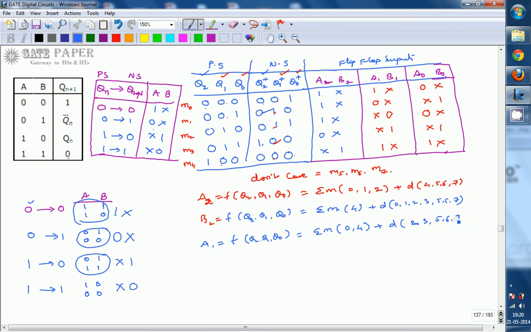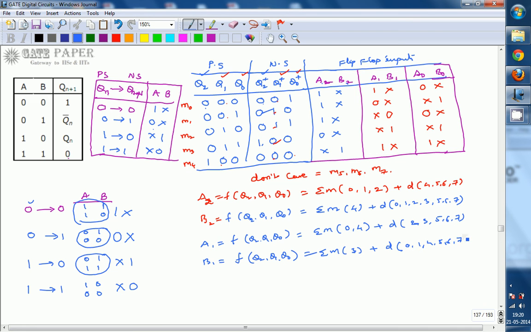And next b1. b1 is a function of again q2, q1, q0, all are functions of these three things only. Sigma m of b1 consists only of m3, that is the 3rd minterm, plus don't cares of 0, 1, 4, 5, 6, 7.